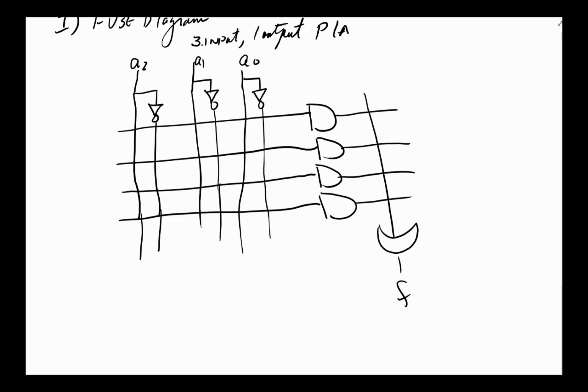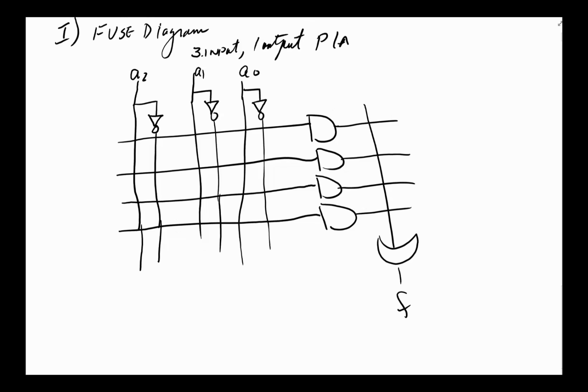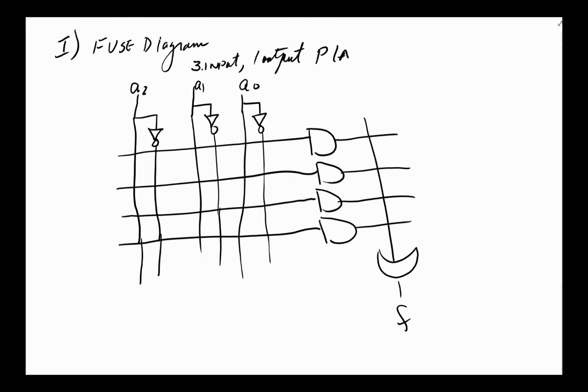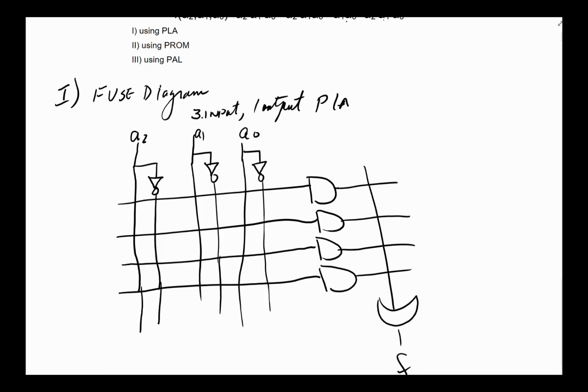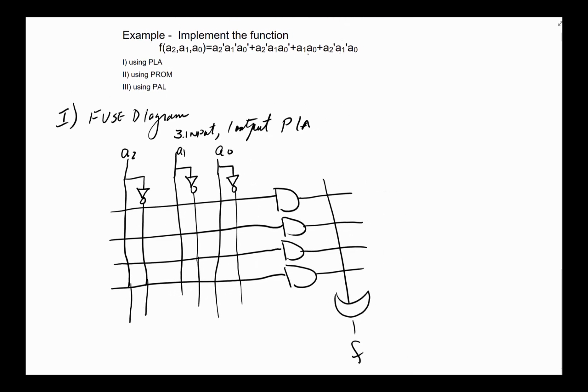Now remember, we draw this as one line, but in reality it's many lines ANDed together. The same here. We draw this as one line, but it's many lines that can be individually connected to the output of the AND to get our function figured out. So I'm doing a PLA, and all I need to do is take a look at this input and say, okay, the first term is A2 naught, A1 naught, and A0 naught.